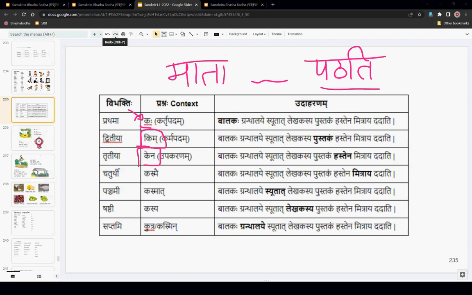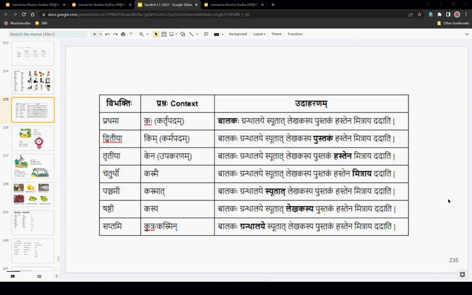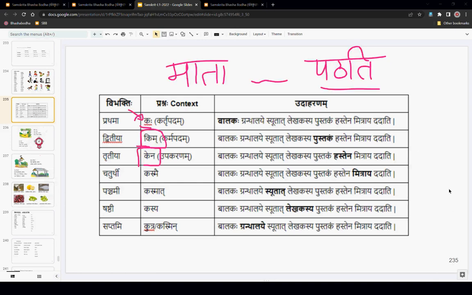Similarly, kena. Kena could be the question on the kriyapadam. So pathati, kena pathati? Upanetrena?